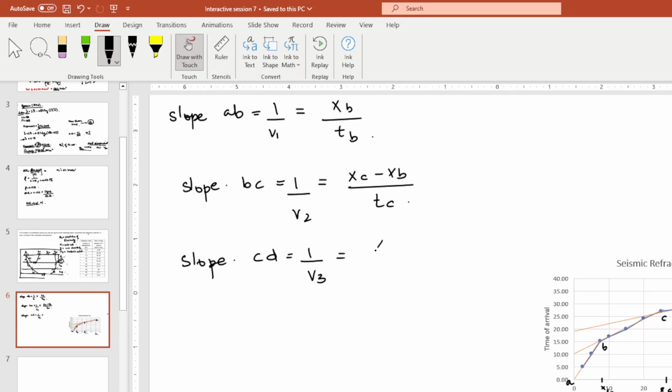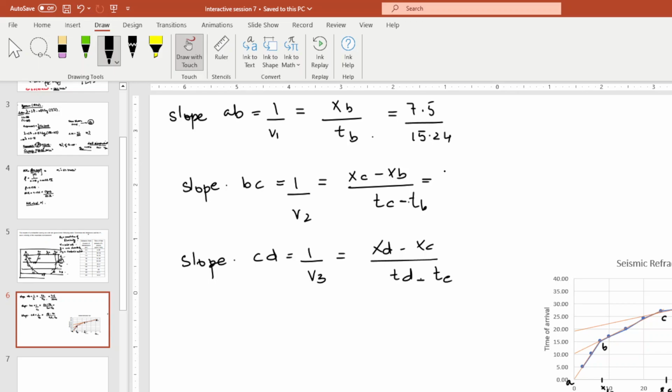So how much is xb? This is 7.5 over tb. And how much is xc? xc is 7.5, 10, 15, 20, 25.